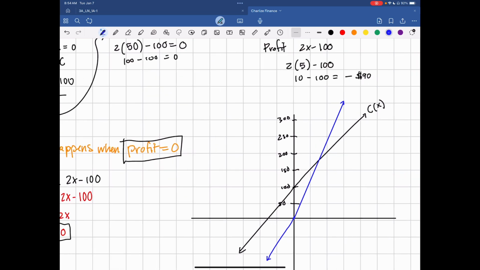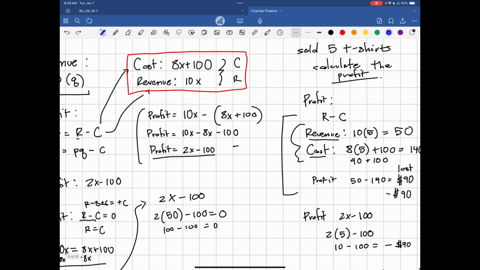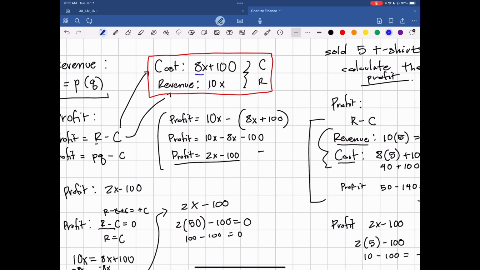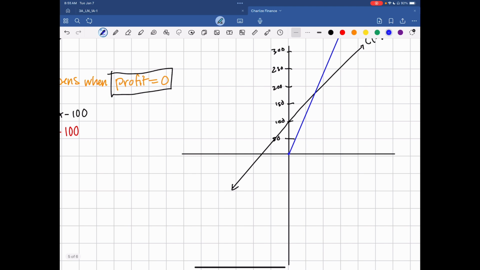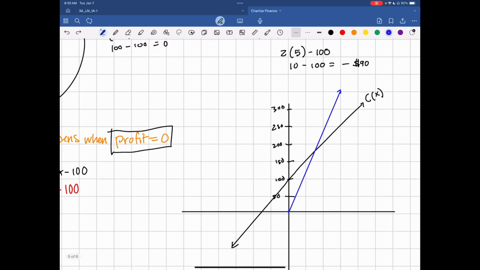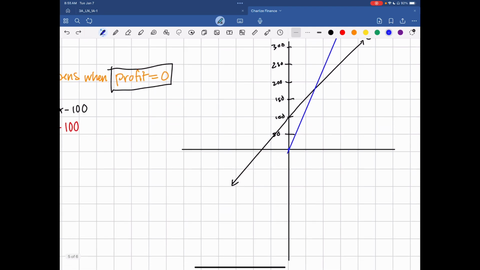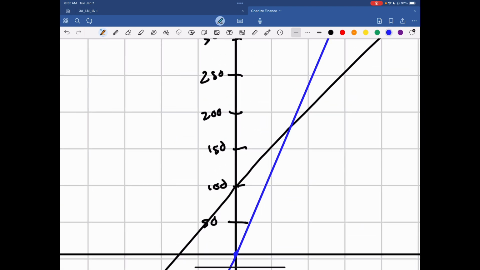Because as I'm noticing here, I'm comparing these two slopes. Even though the cost starts at 100, so it's getting a head start, the revenue would eventually catch up to it. And so where they are equal is the intersection point.